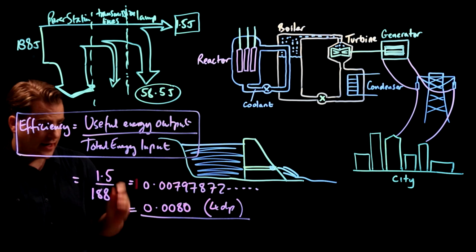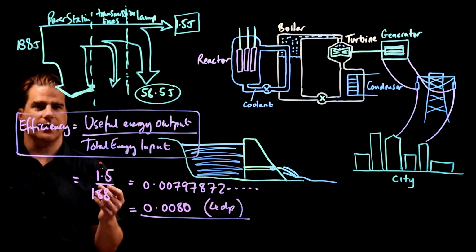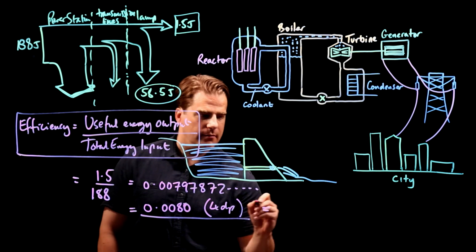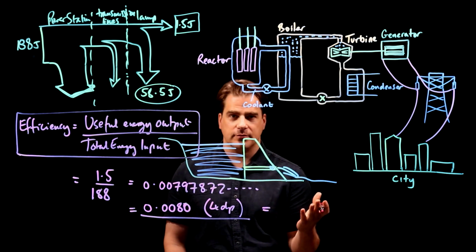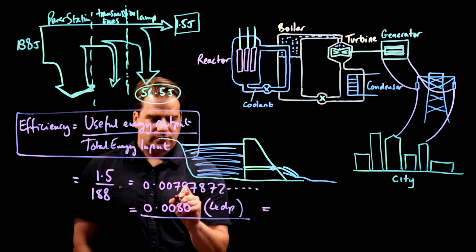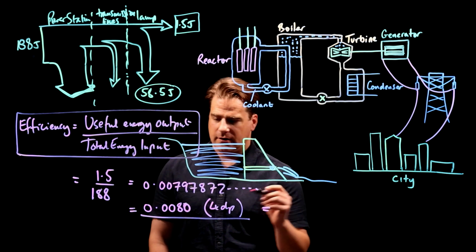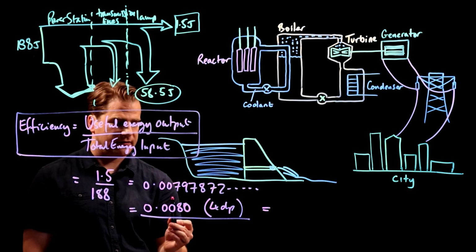Right, you can leave it like that, but often you have to give efficiency as a percentage. So my advice in an exam is to hedge your bets. Give both answers, then you definitely get the marks, okay? To convert that into a percentage, you just multiply by 100. So that means moving the decimal point 2 places in that direction.